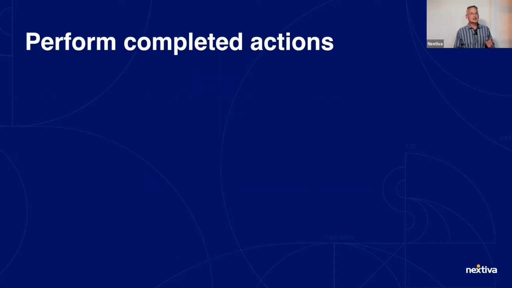The next one is perform completed actions. One of the things that's really challenging is you want people to be able to execute software systems in their head. That's the best way to really understand fully, because you're actually running the code in your head, often across component boundaries, executing lots and lots of calls.